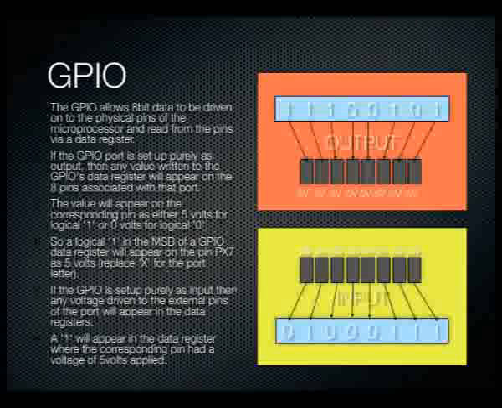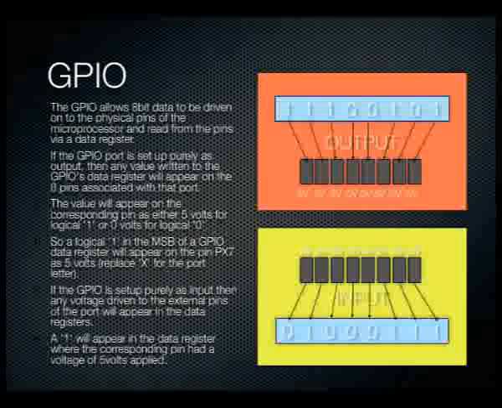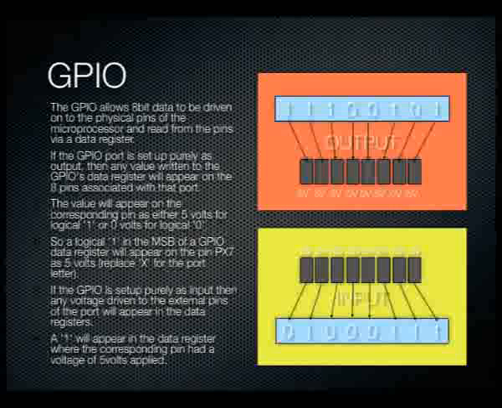The thing you've got to keep aware of here is that the bit location is specific to a particular pin. Let's say the orange example at the top is port A's data register. Then the first bit, which is the most significant bit, would be PA7, so that value of 1 would drive 5 volts to the pin called PA7.